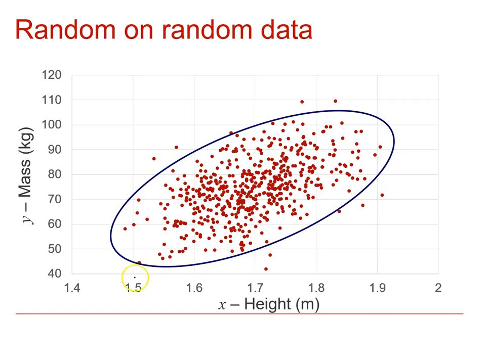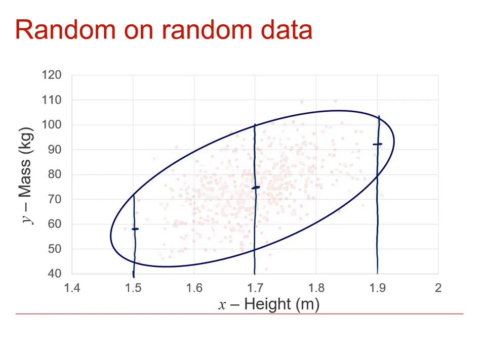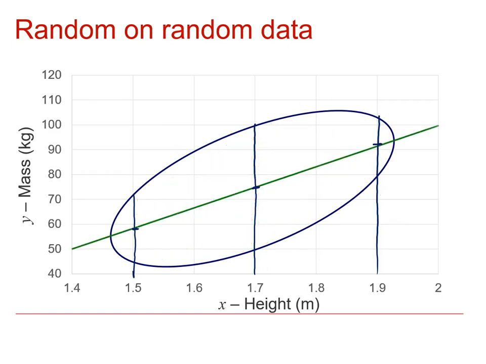If we have a look at the height for 1.5 meters, you can see that the mean is going to be roughly around there. For 1.7, the mean is roughly going to be in here, and the mean at 1.9 is roughly going to be up here, and so that's where the regression line goes through.